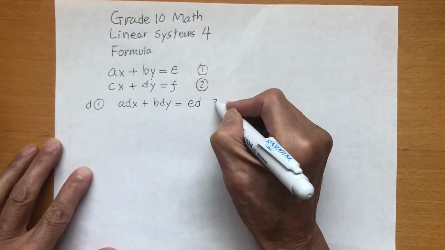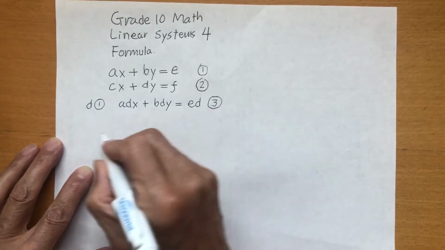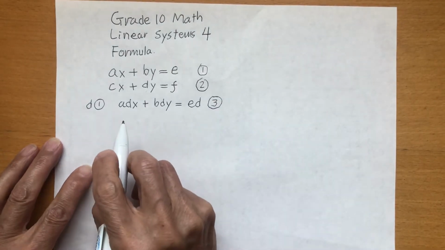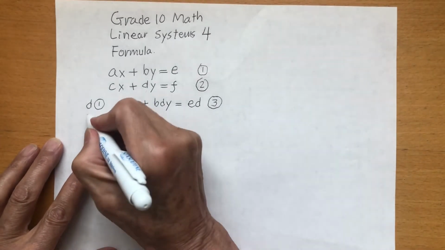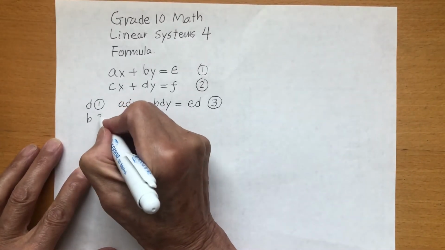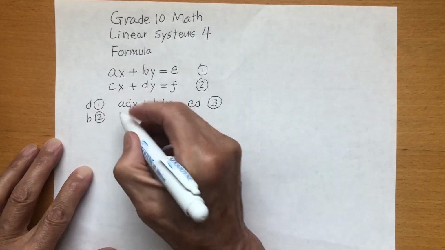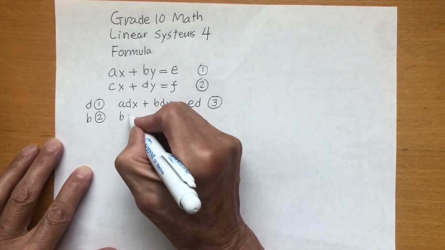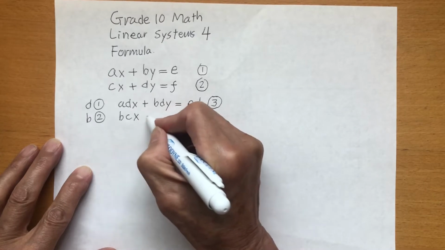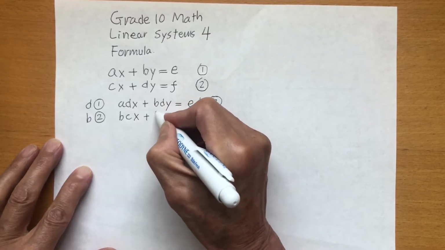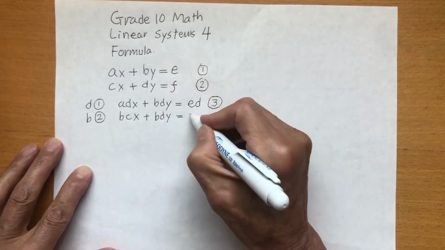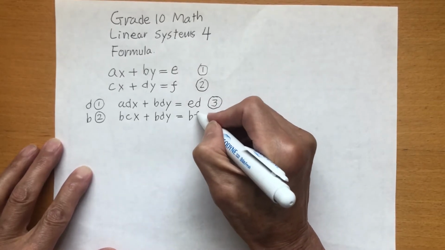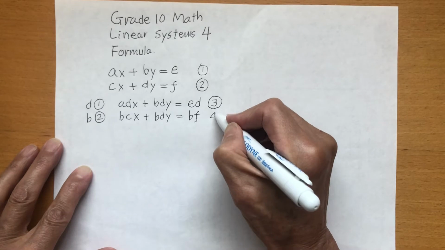Call this equation 3. And then I multiply equation 2 by B. So B times equation 2, I have BCX plus BDY equals BF. Call this equation 4.